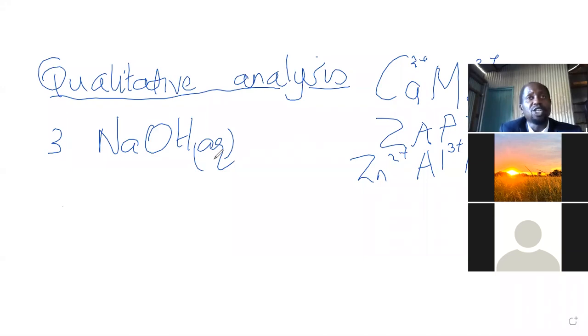Third possible observation, white precipitate that dissolves in excess, or soluble in excess, to form a colorless solution. And there you would have ZAP: zinc ions, aluminium ions, lead-2 ions.